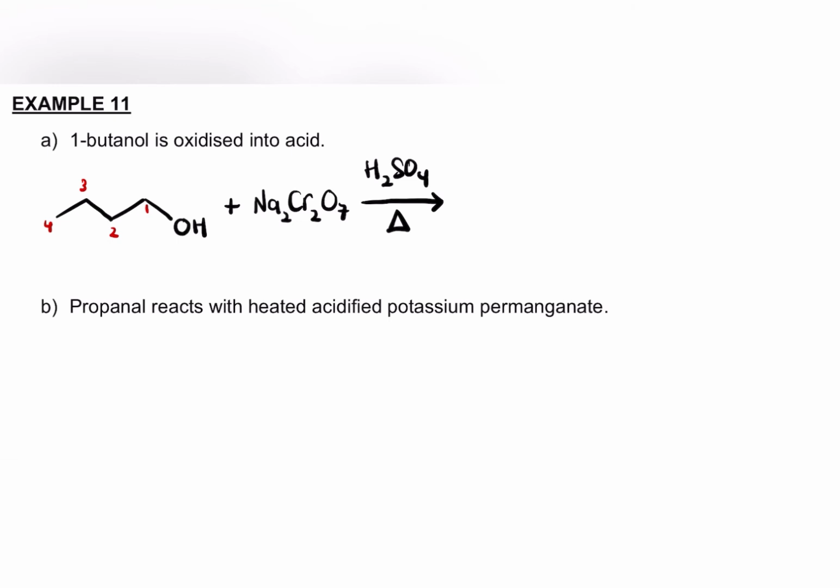And what will happen? Your reaction will undergo at the reactive site, which is specifically at your functional group. So my functional group in 1-butanol is hydroxyl group. So this carbon will convert into carboxylic acid. So from hydroxyl, it will change to carboxyl. So I'm going to copy back 4 carbon atoms as usual.